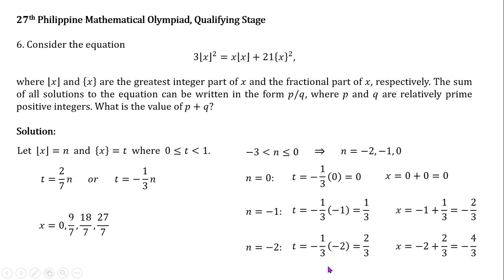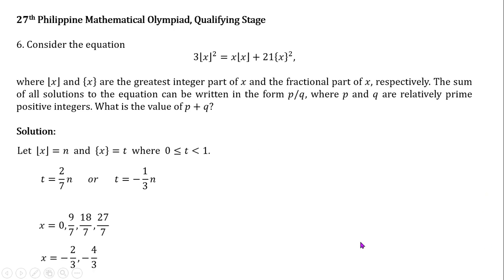And finally, if n equals negative 2, then t is 2/3, and so x is the sum of negative 2 and 2/3, which is equal to negative 4/3. So we have found two more solutions to the given equation. So all in all, we have six solutions.